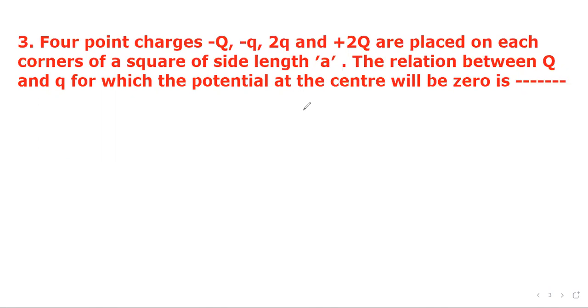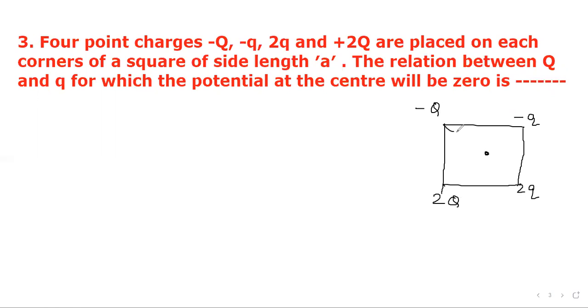Four point charges minus Q, minus capital Q, minus small q, 2Q, plus 2Q are placed at each corner of a square of side A. The relation between Q and q for which the potential at the center will be 0. Suppose this is a square whose side is A and charges as minus Q, 2Q, and 2Q.